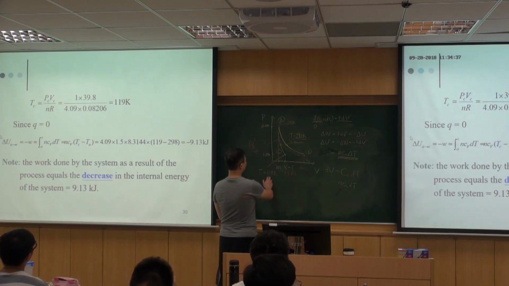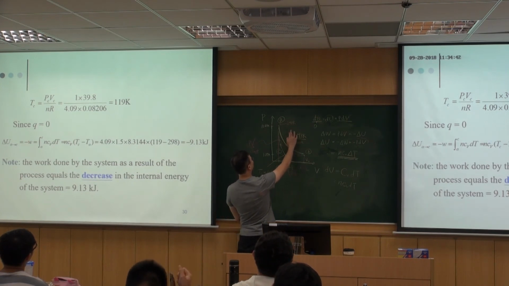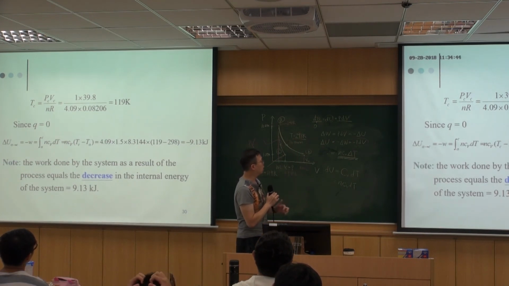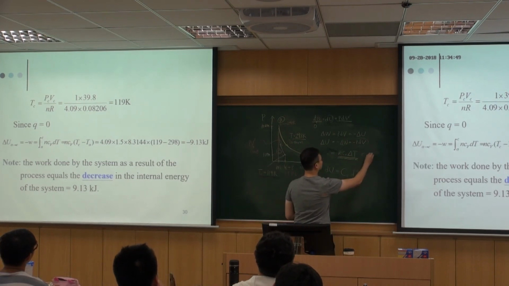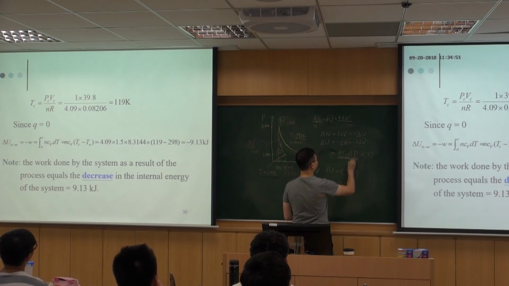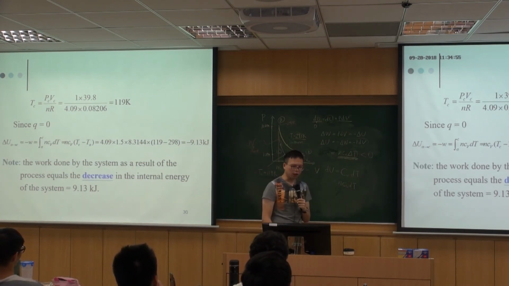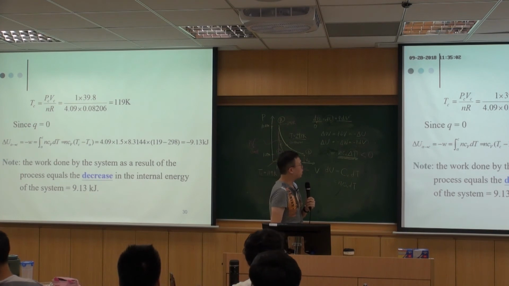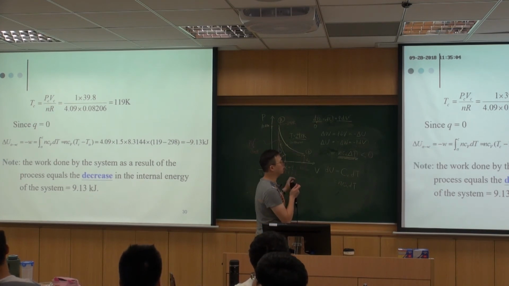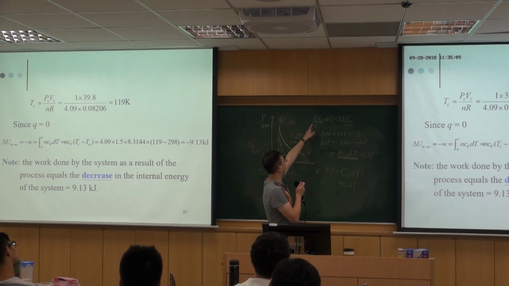It's predictable, right? Because our final temperature is lower than the original temperature. So this delta U should be negative because delta T is negative. And eventually, it is minus 9.13 kilojoules. So the internal energy change is a decrease. And this is 0.